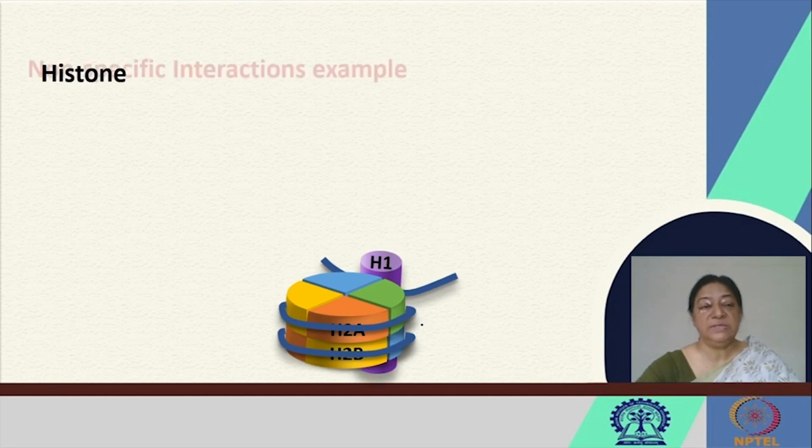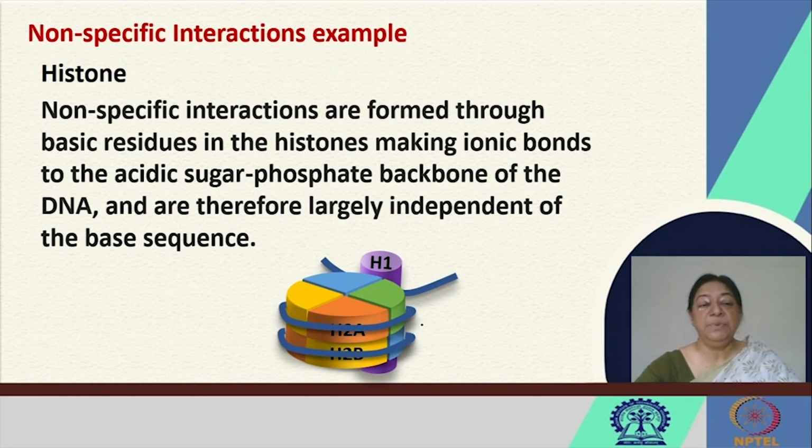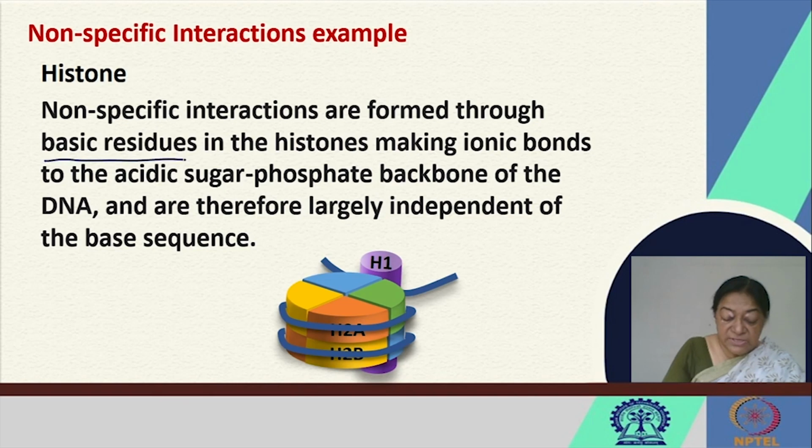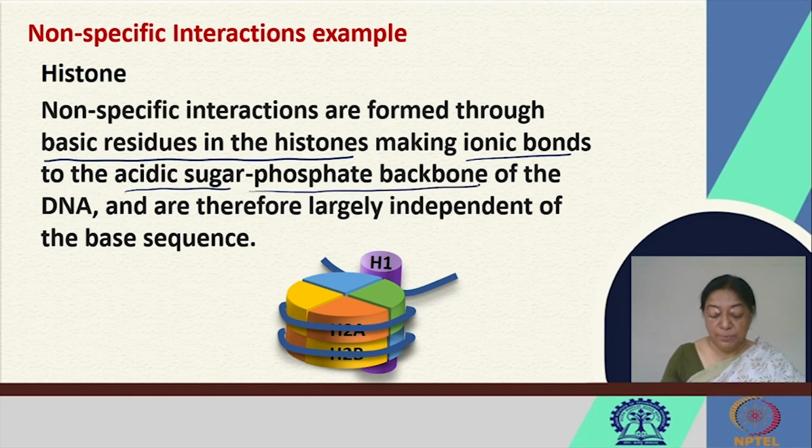The histone itself is an example of a non-specific interaction, and these are formed through the basic residues in the histones that make ionic bonds to the acidic sugar phosphate backbone of the DNA, and they are largely independent of the base sequence because they bind preferably to the sugar phosphate backbone.